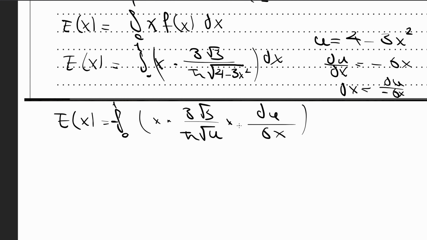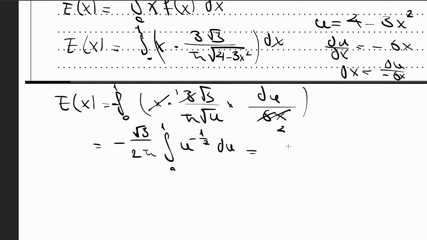And so the x cancels out, the 3 and the 6 cancel out, and so we'll have a factor of negative radical 3 over 2 pi, the coefficient. Then inside the integral itself, we'll have the integral of u to the power of negative 1 over 2 du.